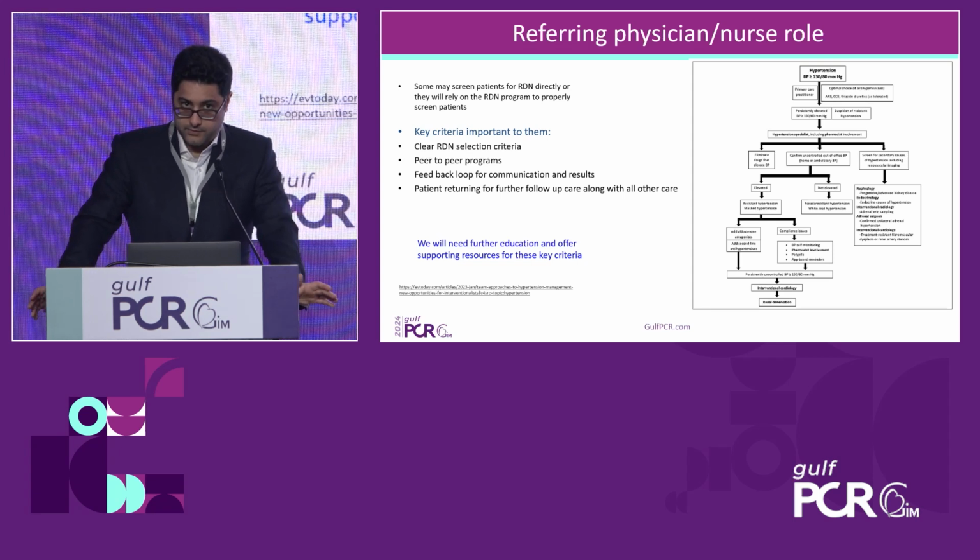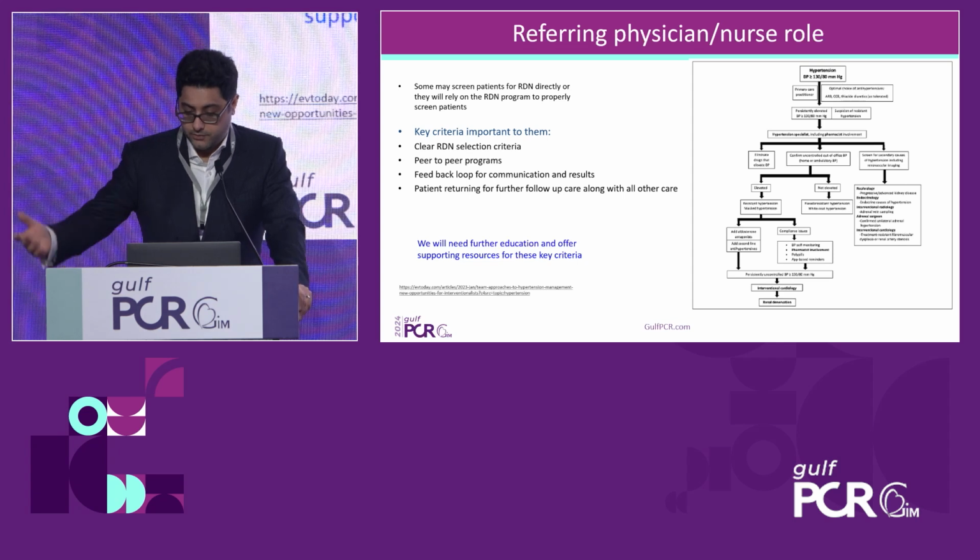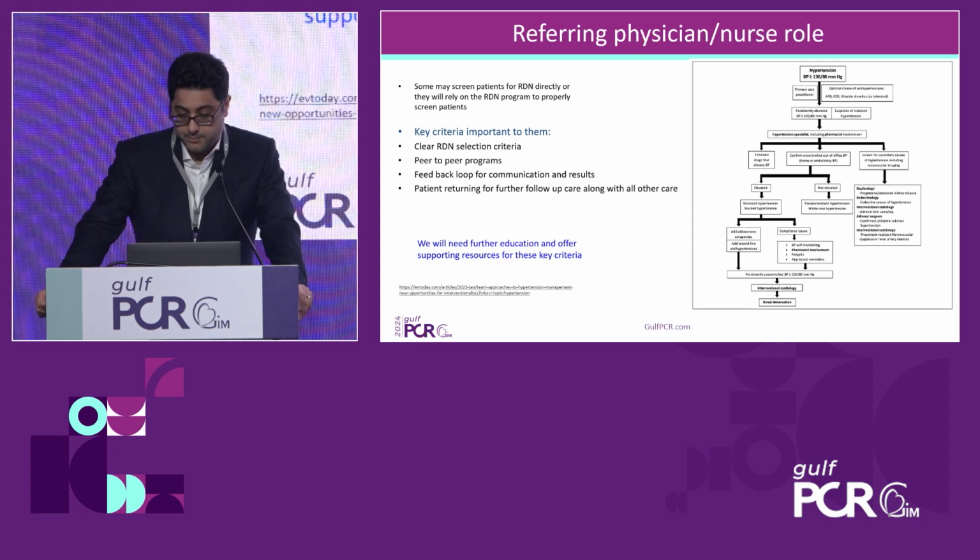If he's on triple therapy and he's not controlled, then he should be referred to the hypertension specialist. The hypertension specialist will assess whether he has resistance to drugs and confirm that he has uncontrolled hypertension, and that's very important.